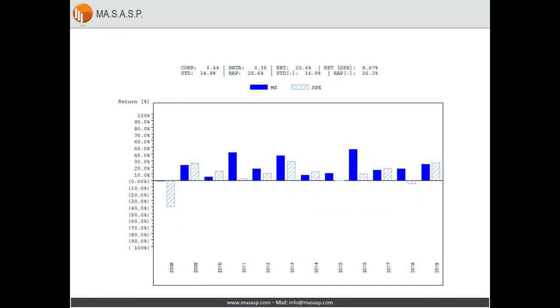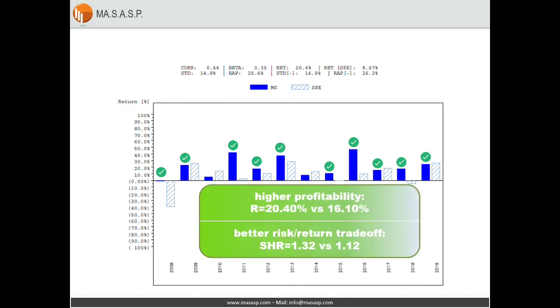Let's mark with a green circle all years where said portfolio has a performance approximately equal or bigger than that of the Standard & Poor's. That happens 11 times out of 12 across a 12-year observation period.